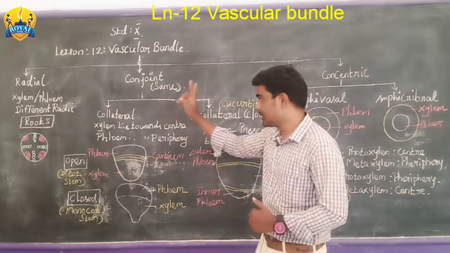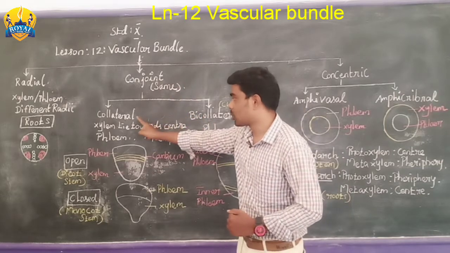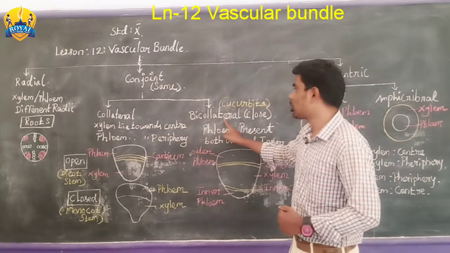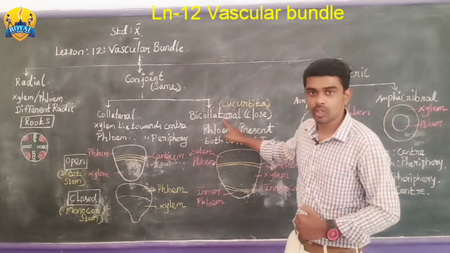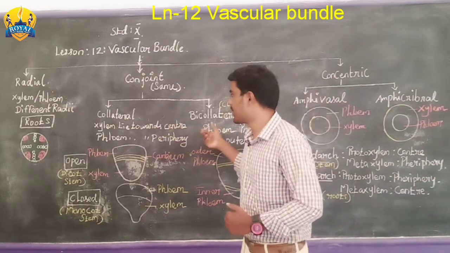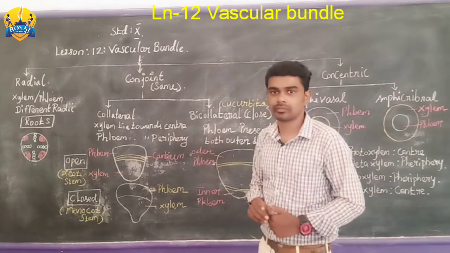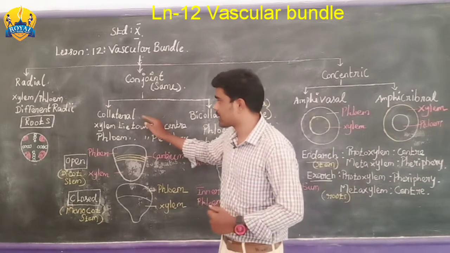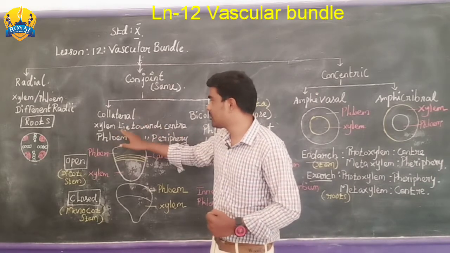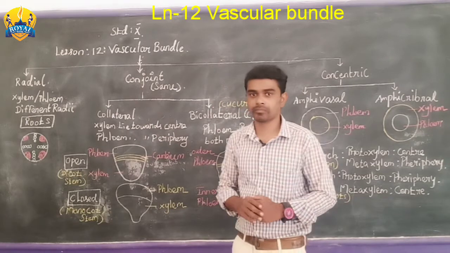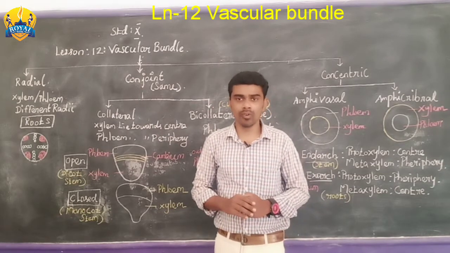The conjoint type is basically of two kinds, collateral and bicollateral. What is collateral? There the xylem lies towards the center.